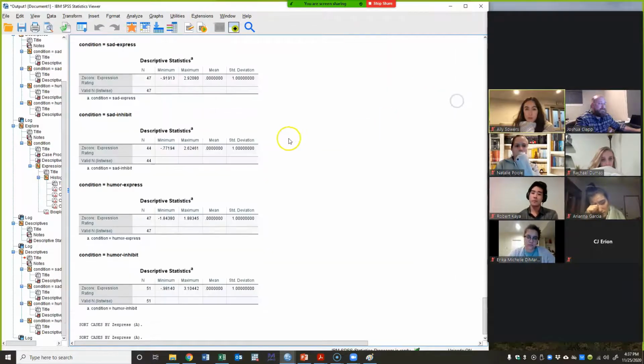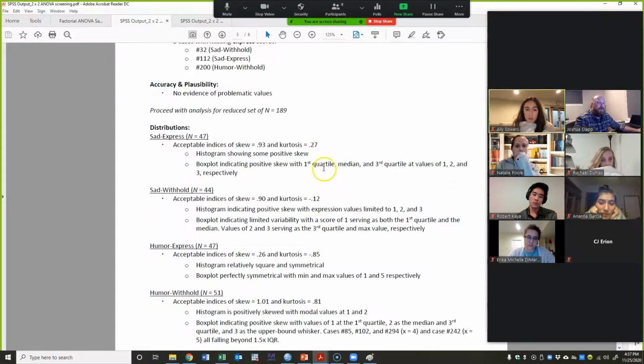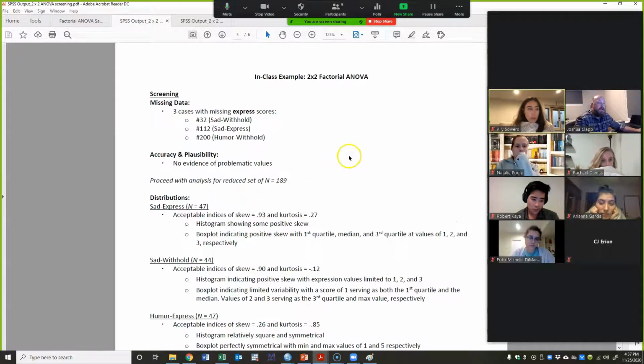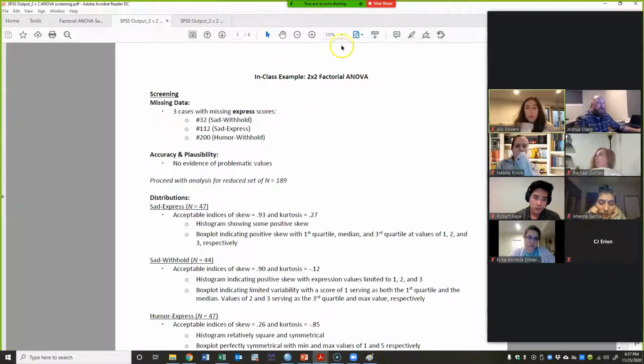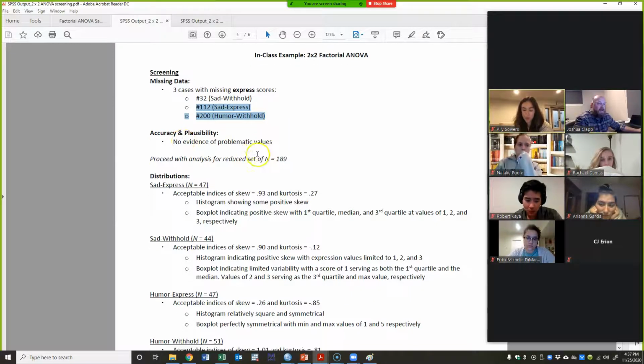Okay. All right. So if you go through and take a look at your output, here is just a sample write-up of what we've got. We've got missing data, 3 cases with missing express scores. We've got participant number and what condition they were in, just so we know if there's not anything systematic. No problematic values.